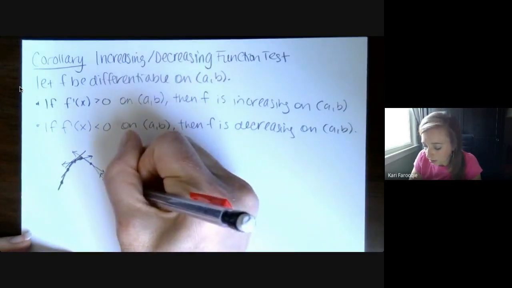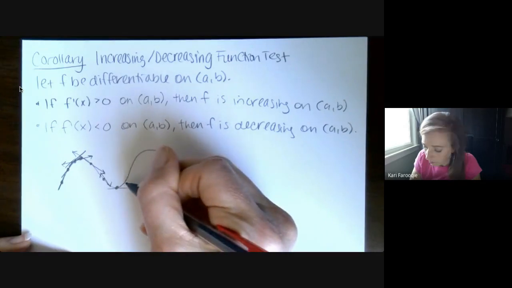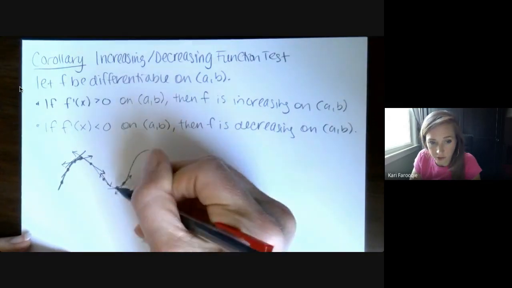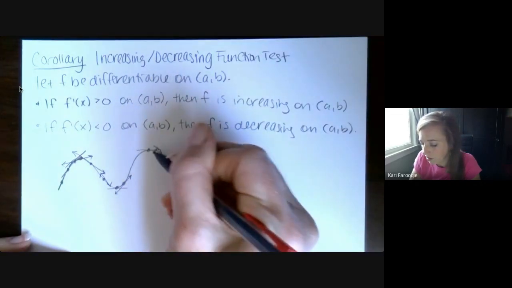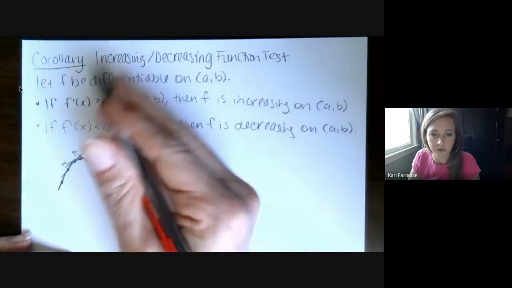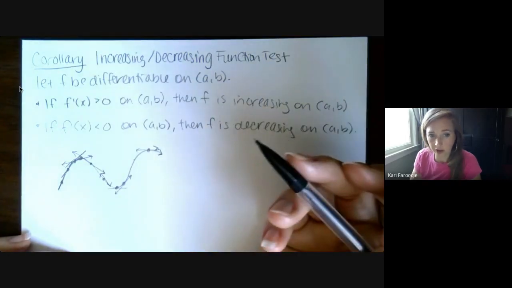You'll get to the bottom and you'll hit that horizontal tangent line. And then as soon as you move away from that, once again, your slopes are positive, so your function's increasing. I feel like that is pretty intuitive. But basically, that's what this would look like on a graph.